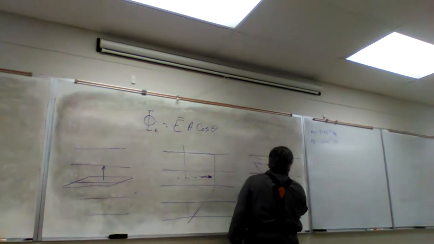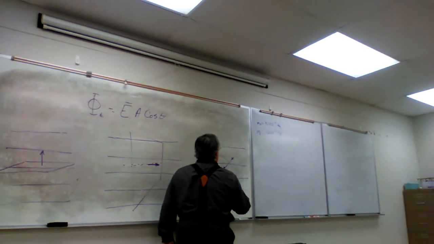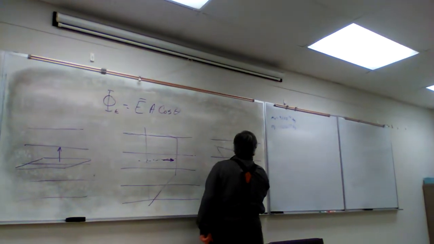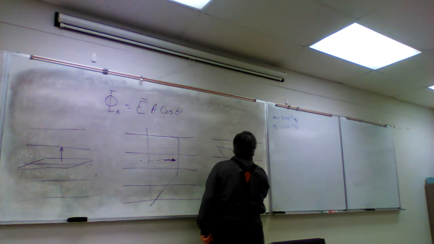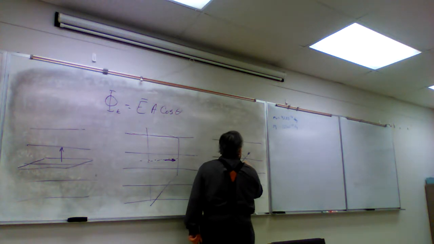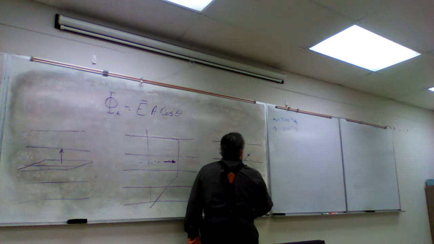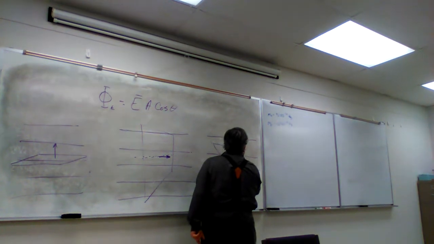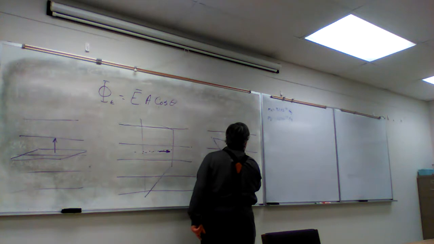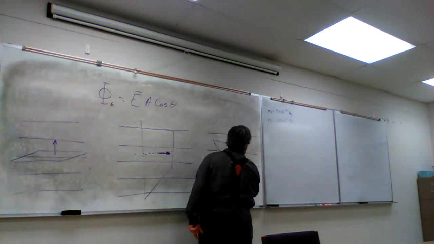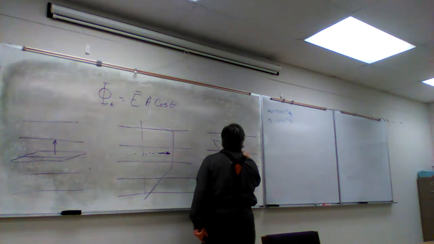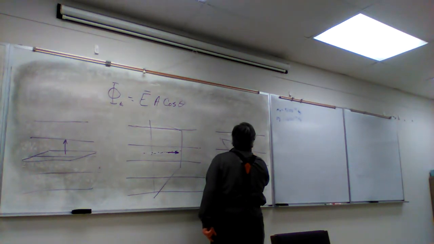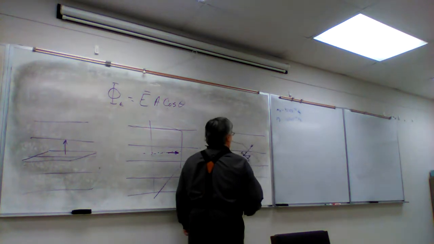Another way to envision this, although this gets really involved, is that at this point you have an E field vector, and that E field vector is basically comprised of two components: the part that's parallel to the plane, and the part that's perpendicular to the plane, E perpendicular.